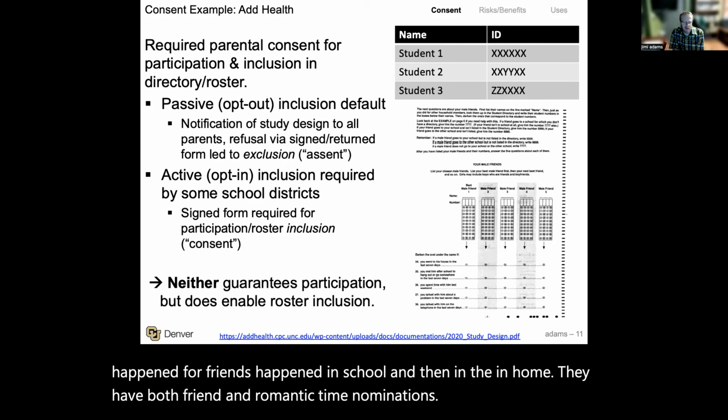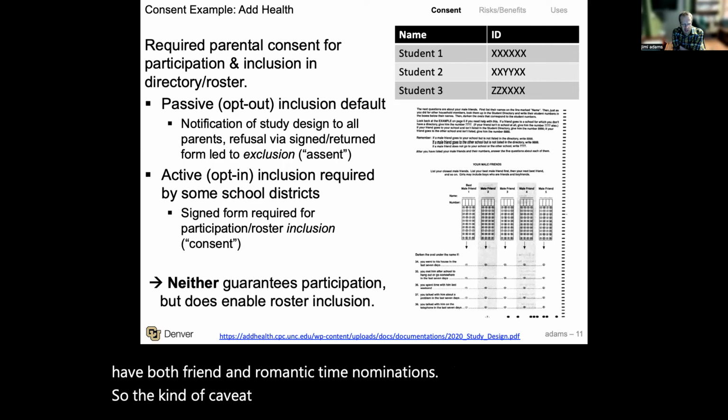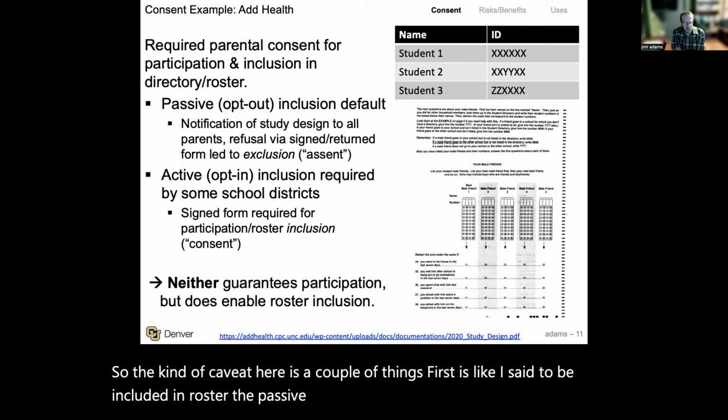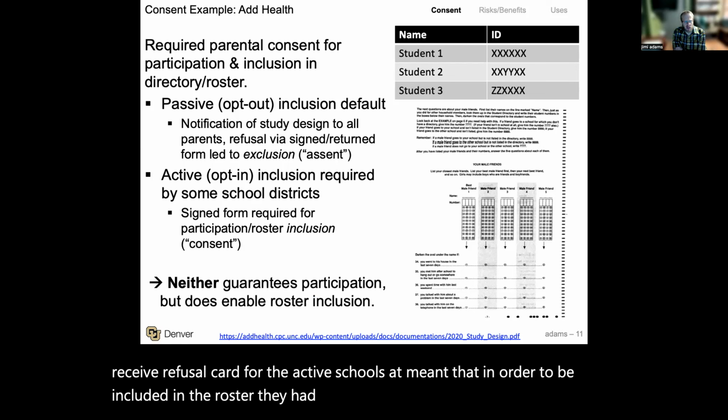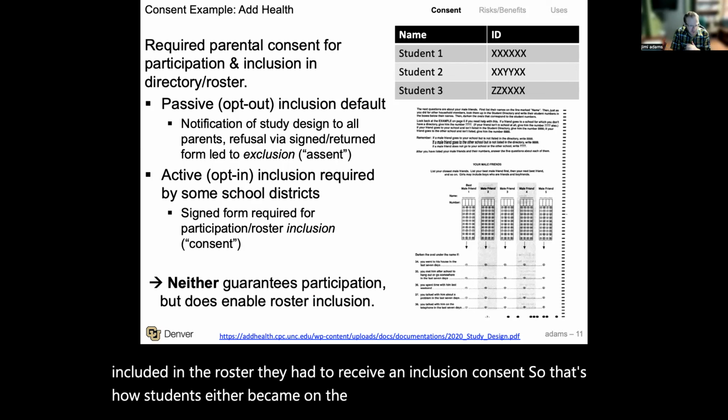The caveat here is a couple of things. First, to be included in the roster, the passive design meant that they had to not receive a refusal card. For the active schools, it meant that in order to be included in the roster, they had to receive an inclusion consent. That's how students either became part of the roster or were left off of it.